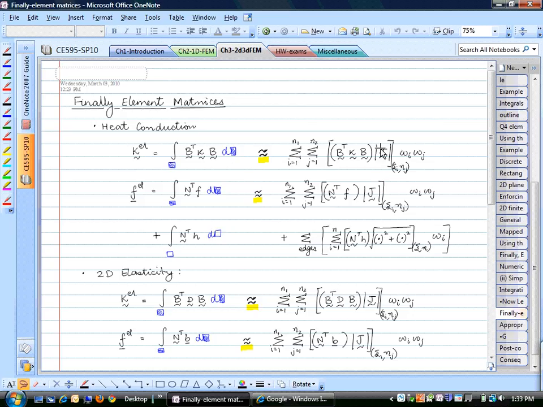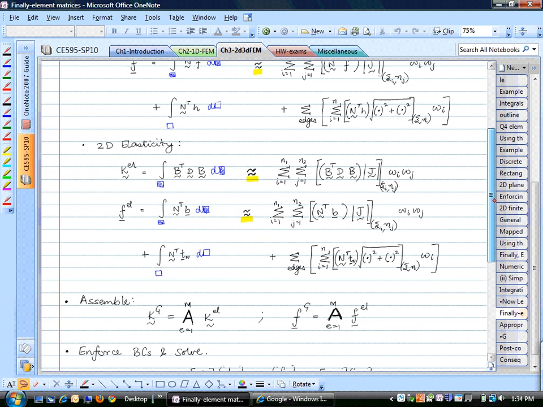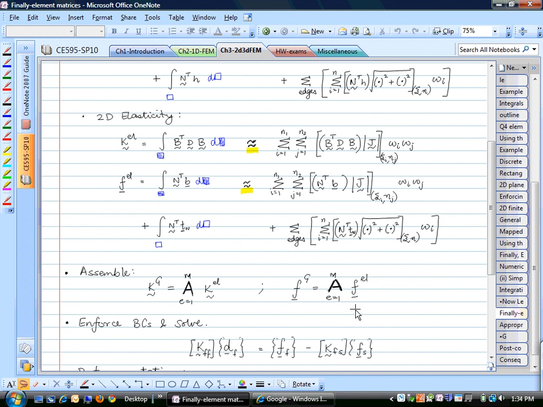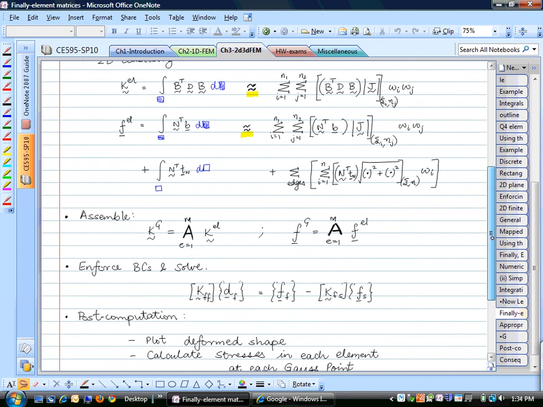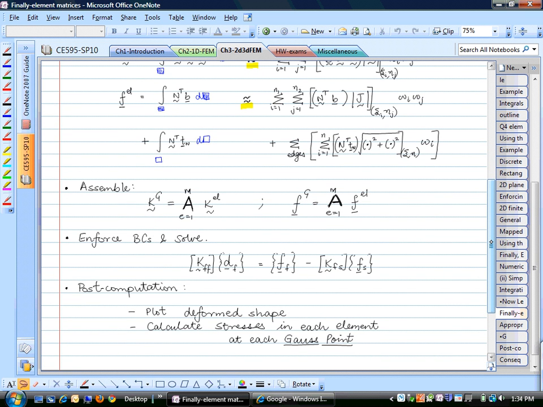So there has to be this J whenever you want to convert a domain from the actual coordinates to the parent domain. The same goes for f, and after all that, we already know how to do the assembly, and you can enforce your boundary conditions and solve for this equation.